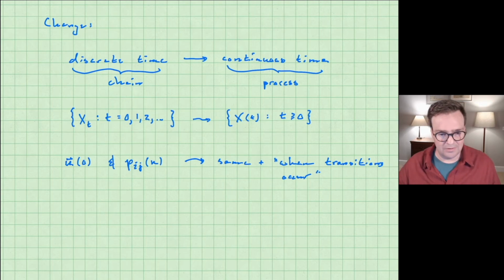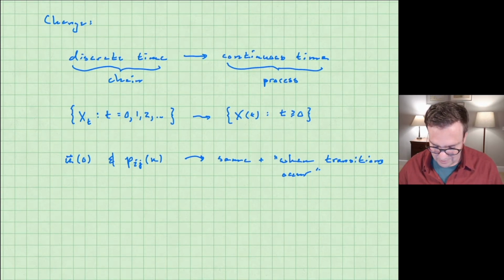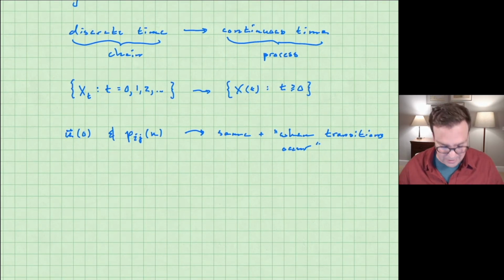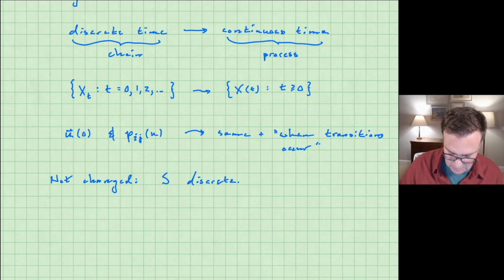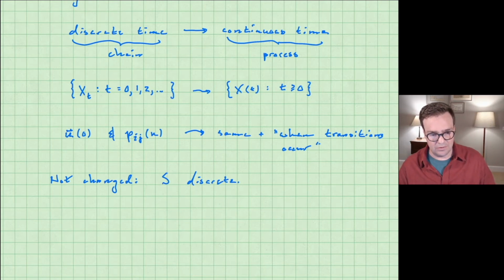Let's just look at these details as they come. The main thing that is exactly the same, not changed, is that the state space is still discrete. So we're still going to have a discrete state space.